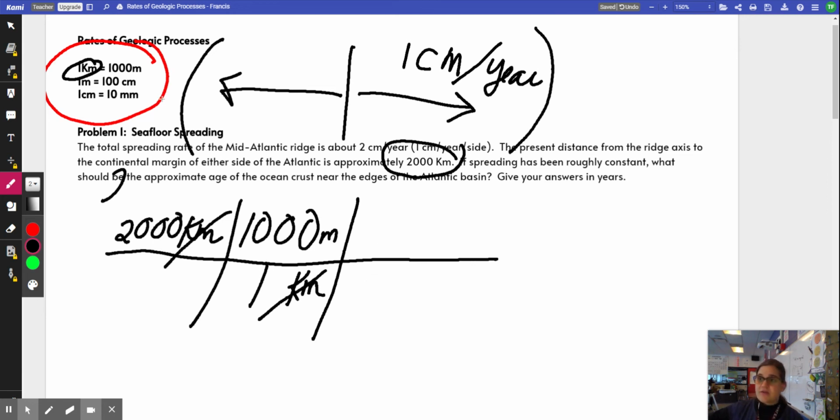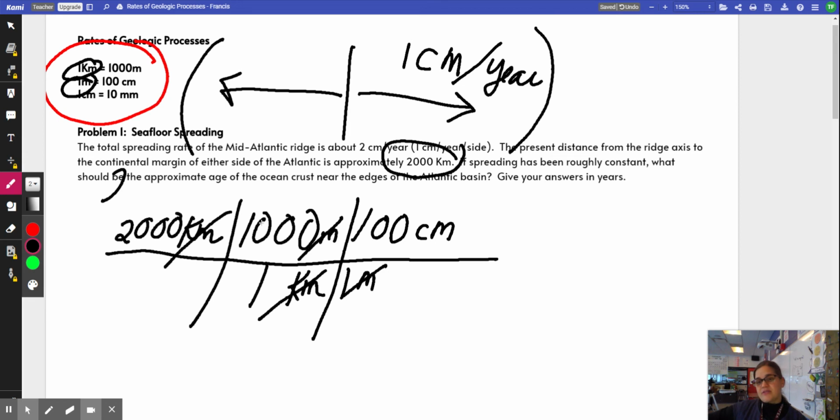So now I'm going to look again. I've got another conversion factor: 1 meter is equal to 100 centimeters. The 100 centimeters, therefore, will go in the denominator. And now I can cancel out meters and meters.